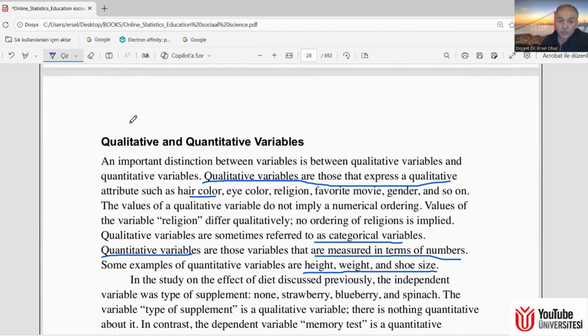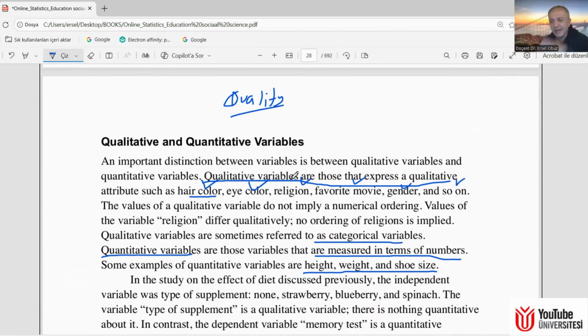We may also cover qualitative and quantitative variables. Qualitative variables are about quality, not necessarily numerical values, just the quality attributes. For qualitative variables, we have hair color, eye color, religion, favorite movie, gender, and so on.